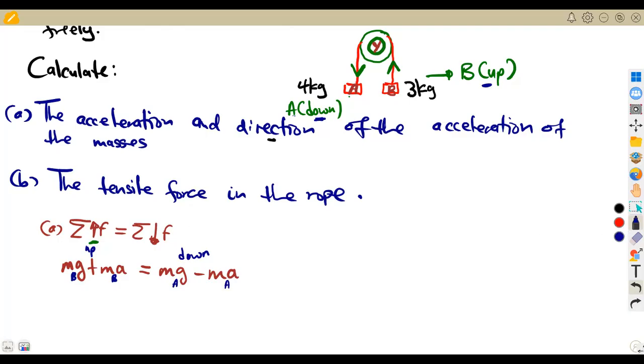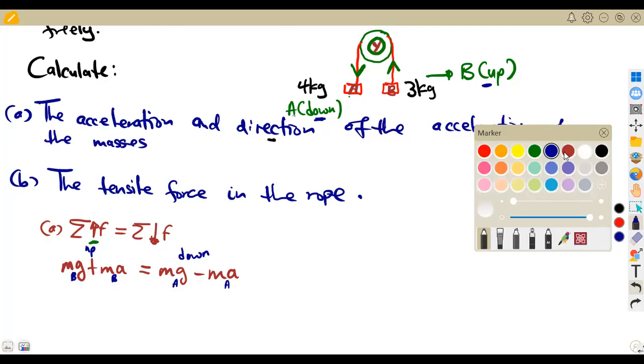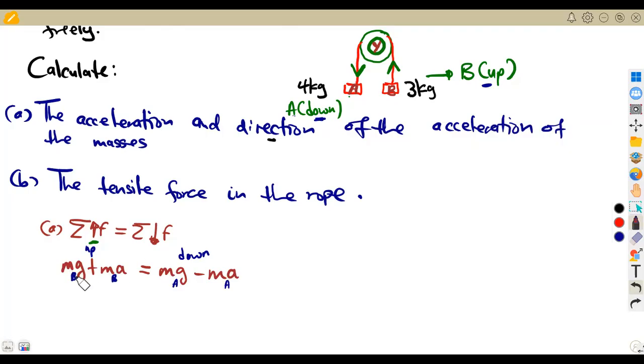So now we can substitute our values. The mass of object B is 3 kg, so we have 3 times the gravitational acceleration of 9,8 plus Ma, still for B, so 3A, because here we've got the acceleration that we do not know.